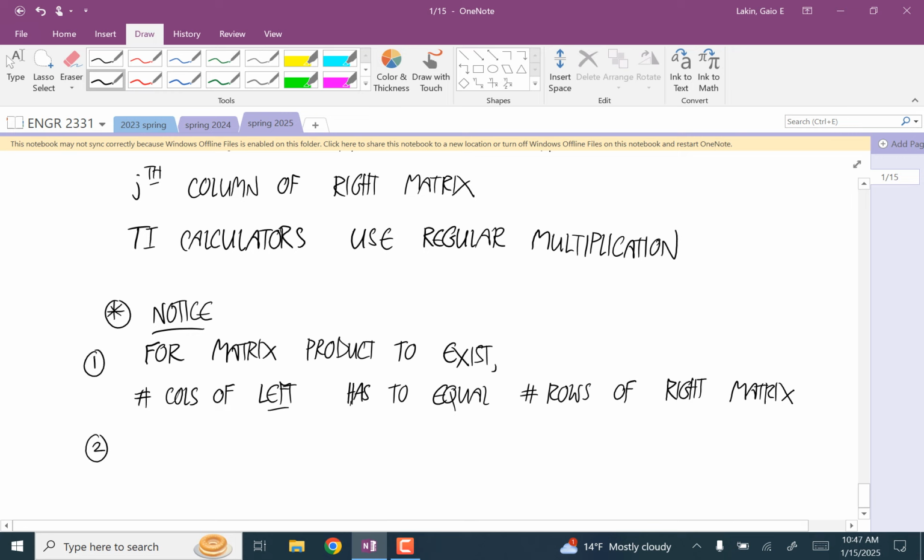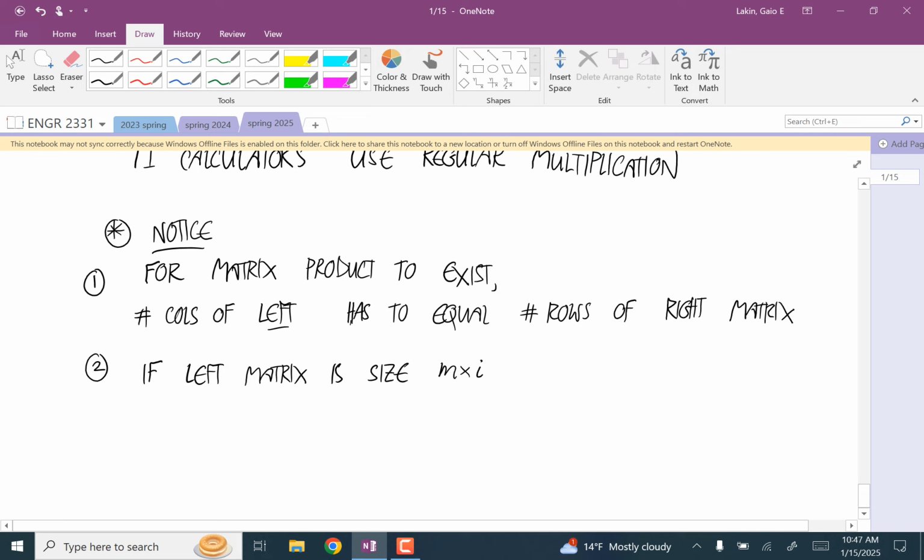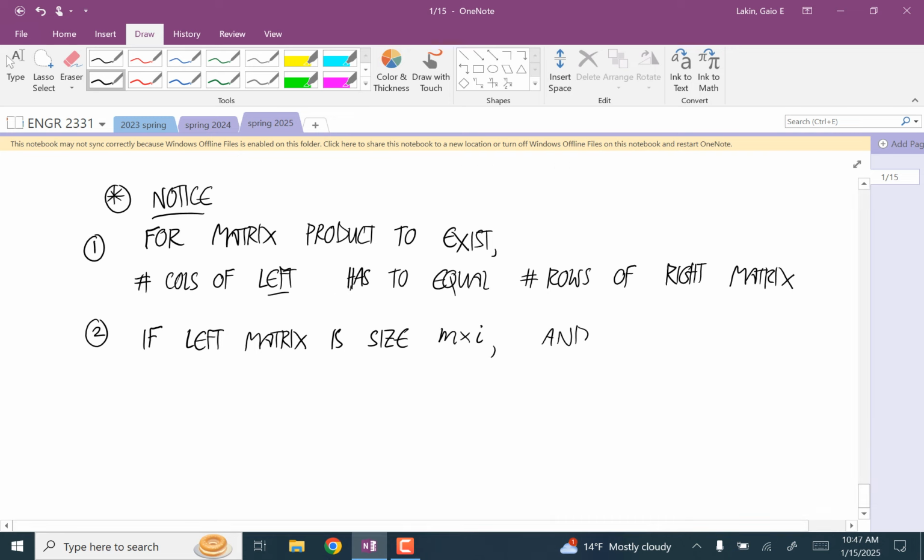The second thing to notice is if the left matrix is the size m by I, and the right matrix is the size, well, in order for these to have a product at all, we have to know one of the parameters of the size.